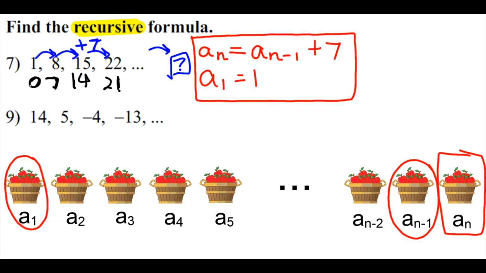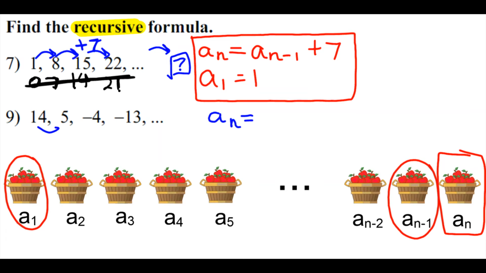And so it would be that same top step, but we have to have that second step, A1 equals 1, to eliminate any other possibilities of the numbers. So that's a recursive formula. In order to find that nth term, you need the term right before it, and that common difference, and the first term.